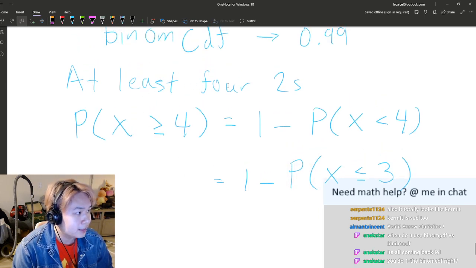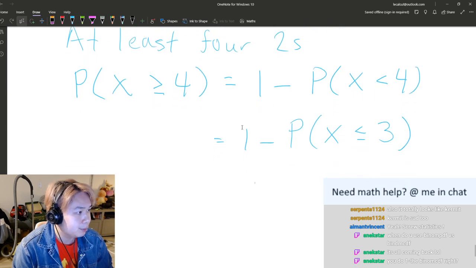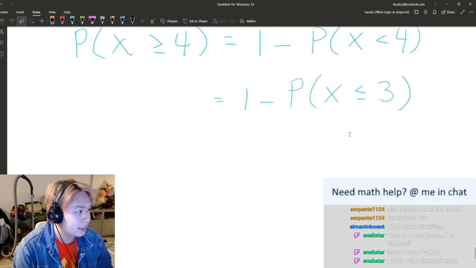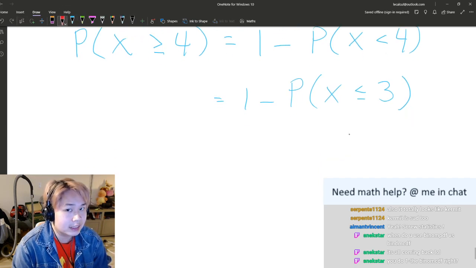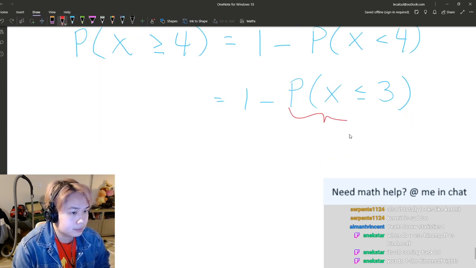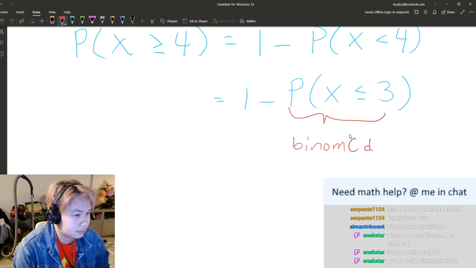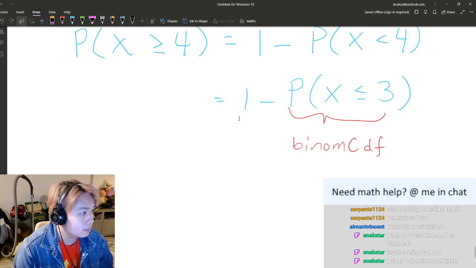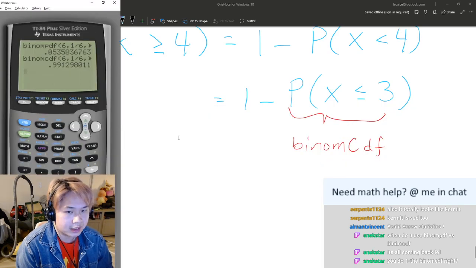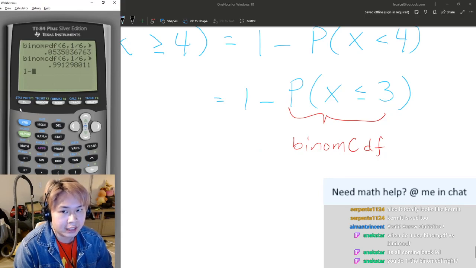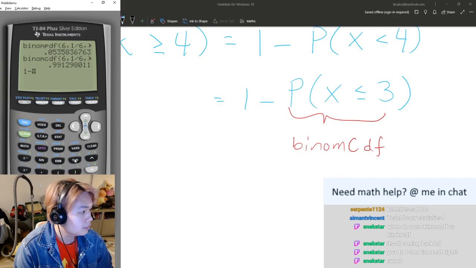So to find out at least 4 2s, we put 1, subtract this thing. And this thing is, again, a binomial CDF. So then we can just calculate that for fun. So 1 minus second distribute.